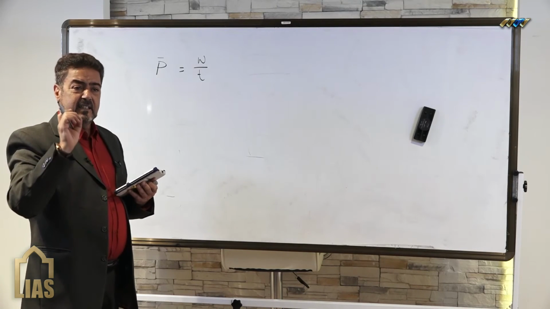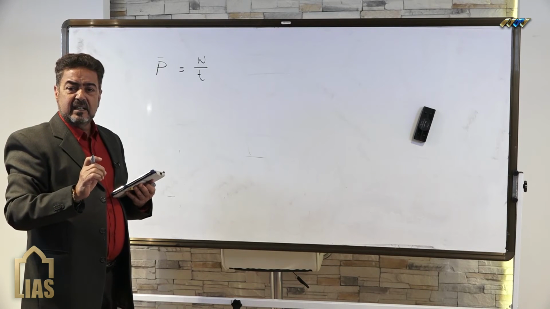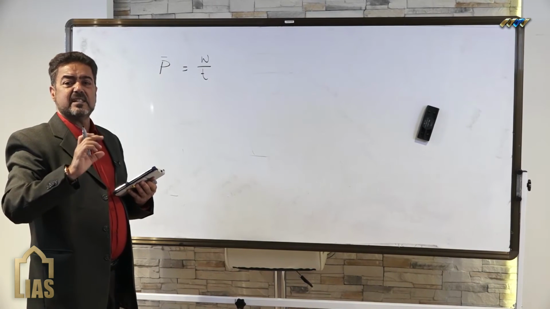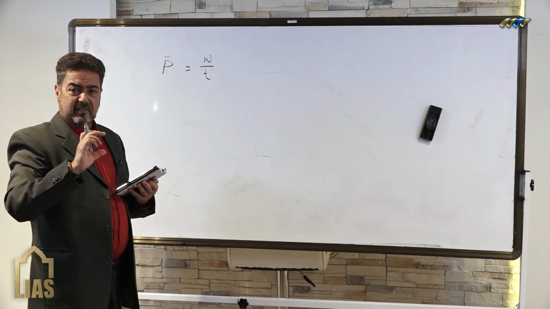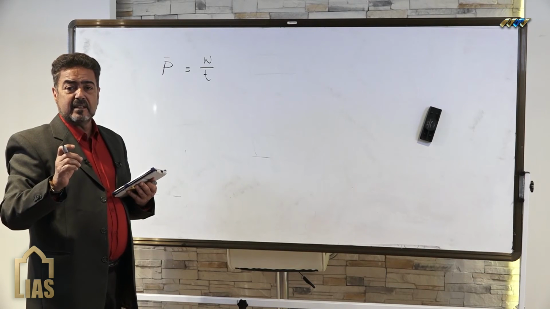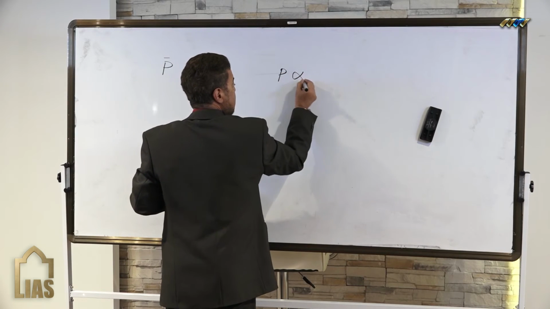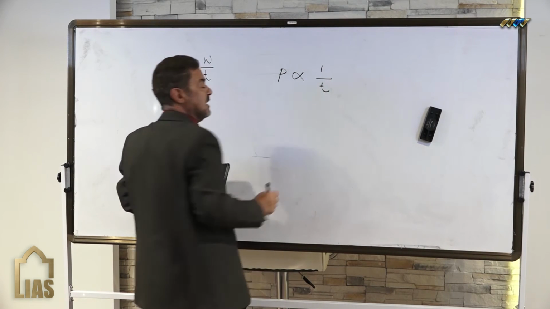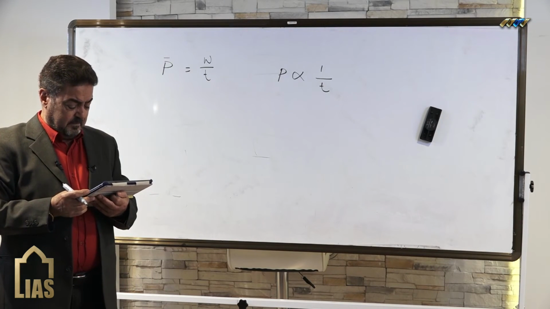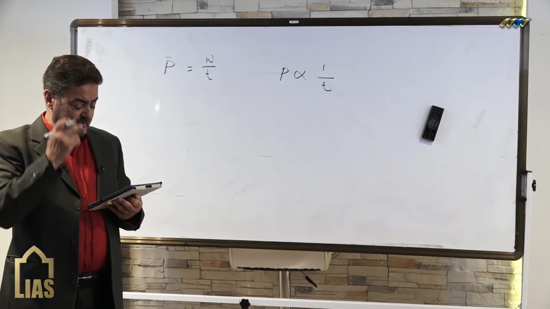If somebody can do the work in less time, he has a good power. But if the time is greater than the other one, we compare with the time. Because power is proportional with the inverse of the time.